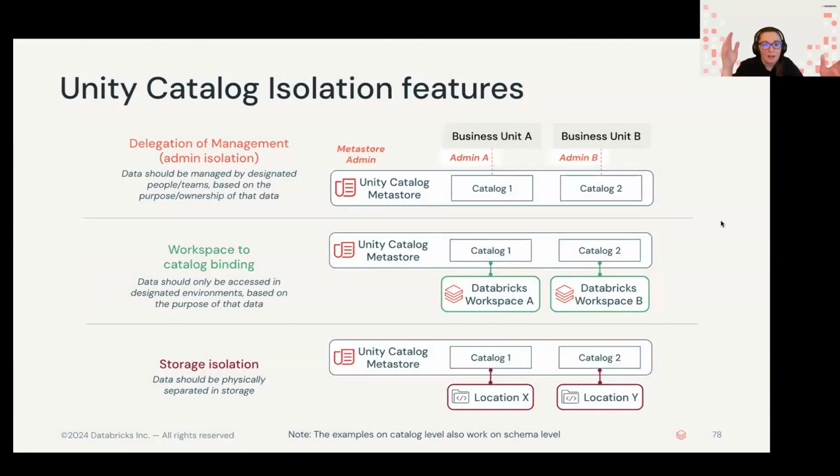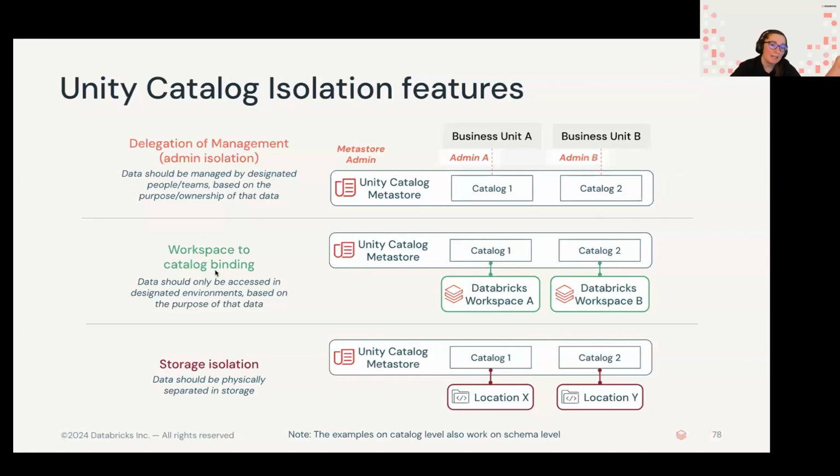So Unity Catalog offers layers of isolation features. At the top layer here, we have that delegation of management. So we always have that metastore admin. But as Suzanne mentioned, we can apply different business unit groups or users as owners of particular catalogs.